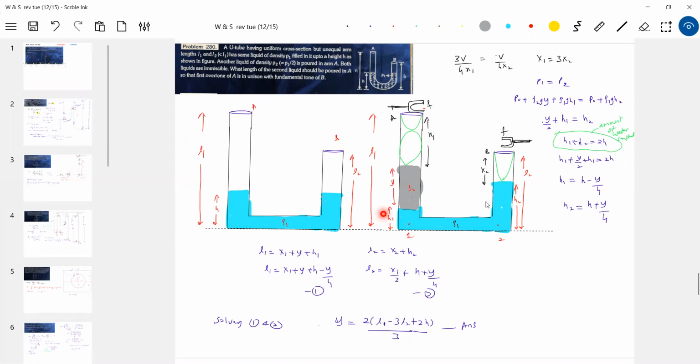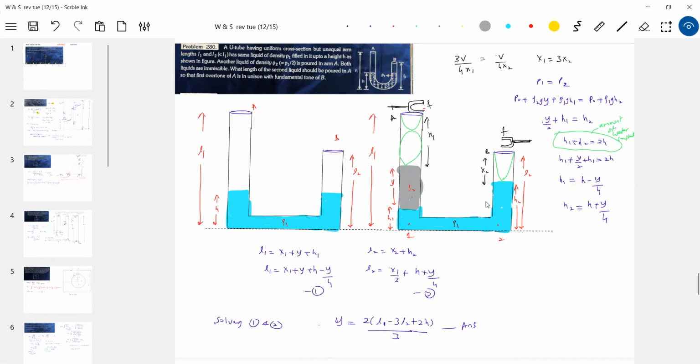H plus Y by 4, sir. Here we took H minus Y by 4. Instead, we need to take H plus Y by 4. H2 must be greater than H1. Sir, what you wrote is correct only.